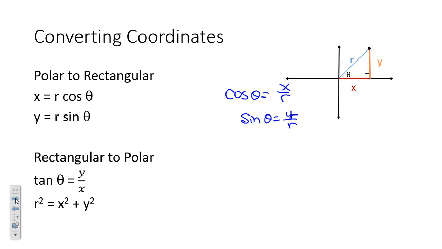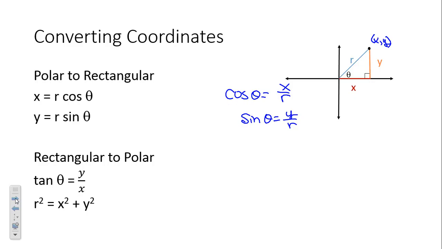Going the other way, if I have rectangular, I have an x, y, and I want to find the theta, I have opposite and adjacent. So the tangent of theta is y over x.